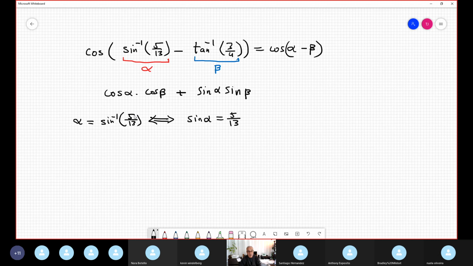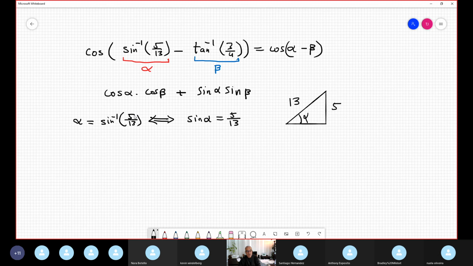Okay, entonces now this is not a fundamental angle. This is weird. So I'm drawing my triangle, only for the alpha. This is alpha. According to the definition, sine is opposite over hypotenuse.